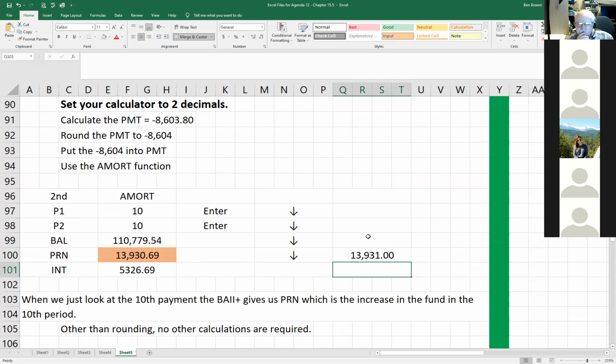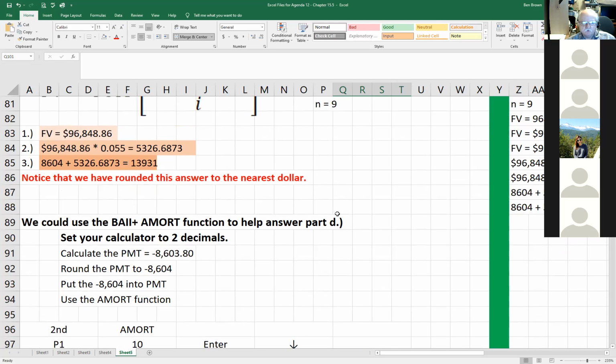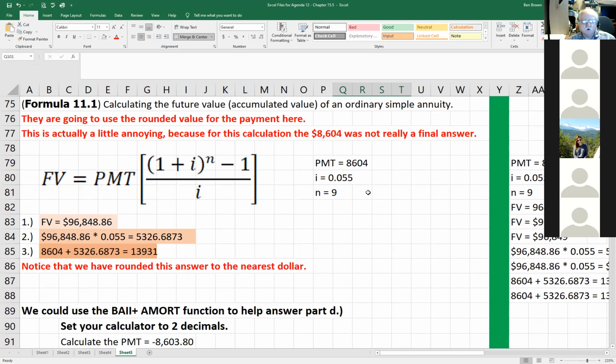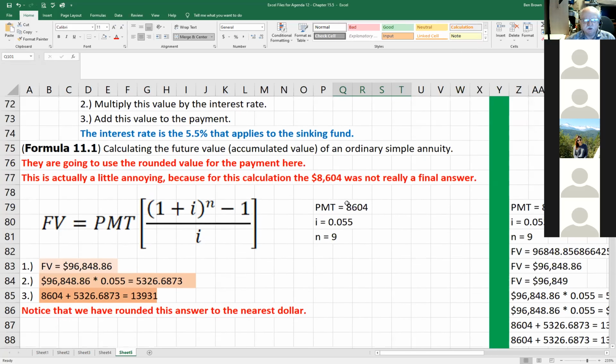Yes, but to get number 1, future value, we can only do it by shorthand, right? By hand. To get number 1. The 96848.86. Oh, future value. Oh, no, we should easily be able to do that on the BA2 Plus.